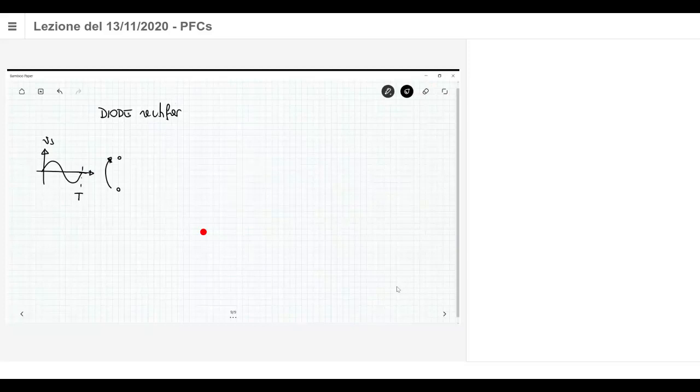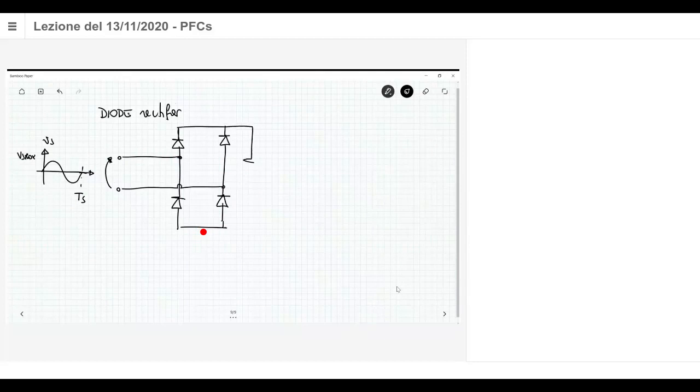Having, say, Ts period and peak value max. Then you can have diodes. Let me consider the classic Graetz bridge rectifier, in this way.